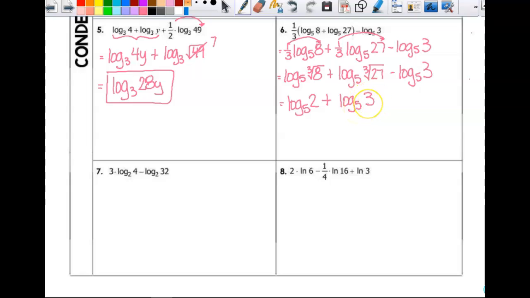So plus log base 5 of 3 minus log base 5 of 3. So not only did I not have to multiply big numbers up there, I'm not even going to have to multiply numbers down here because look, these two things right here zero out, and your answer is log base 5 of 2. Any questions at this point? Okay. All right. Why don't you do number 7?